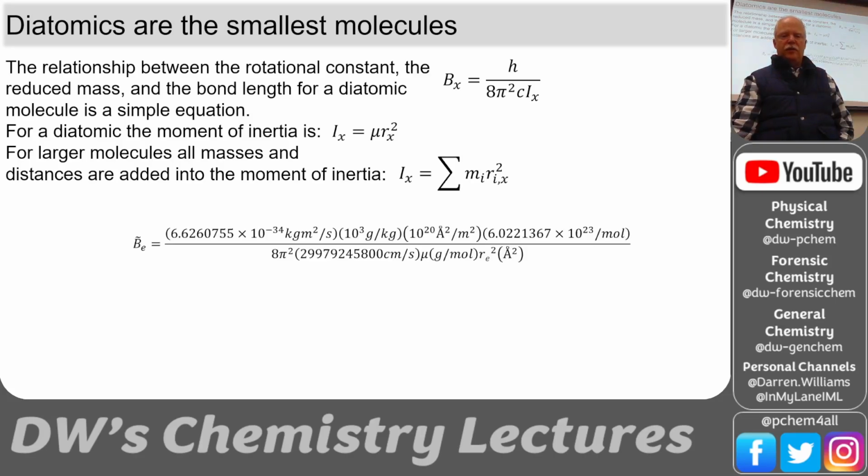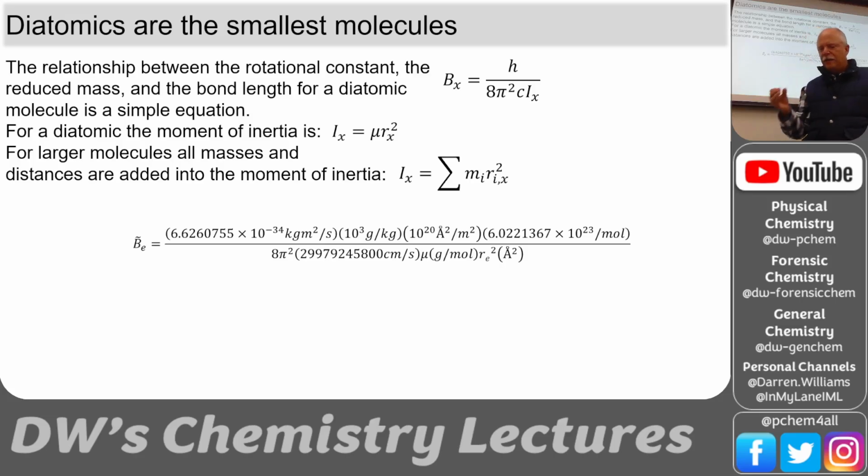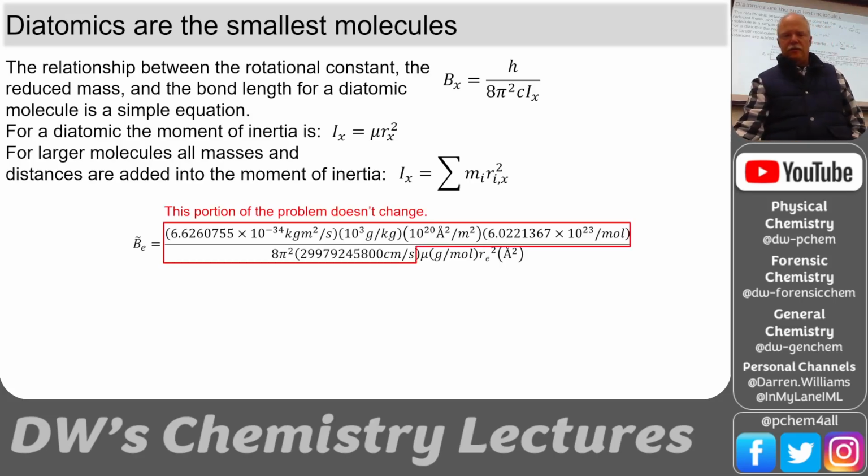And here, just a review for the rotational constant. This is that slide from the fall where you take all of those constants and even the conversion factor from meter squared to angstrom squared and Avogadro's number so that you can use grams per mole here, and the conversion from grams to kilograms, so that you can use masses from the periodic table and bond lengths in angstroms.